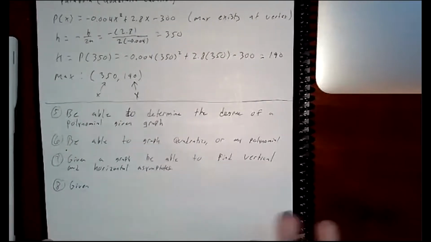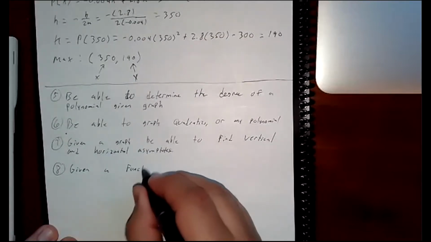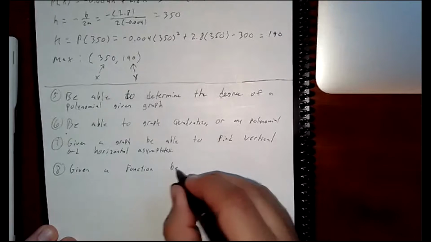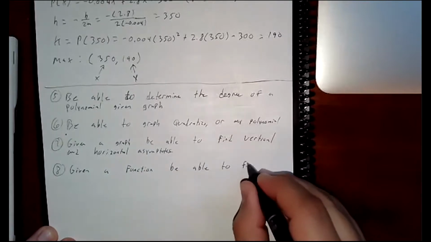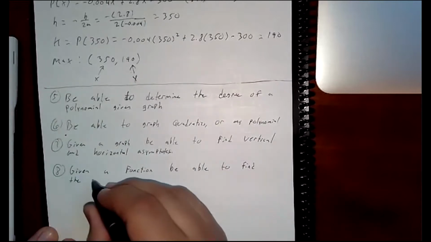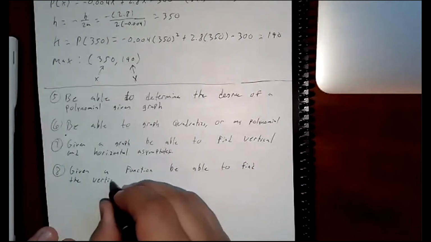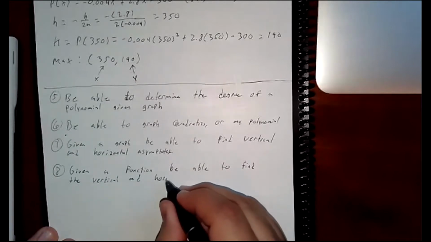Given a function, be able to do the same thing. Vertical and horizontal asymptote.